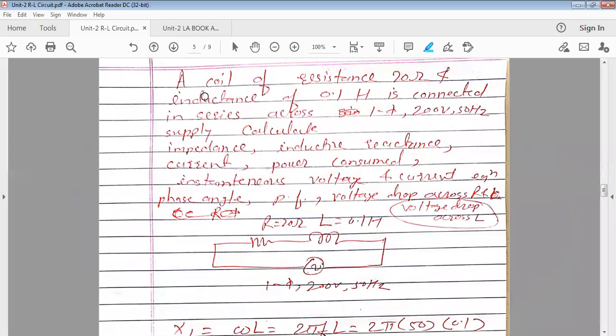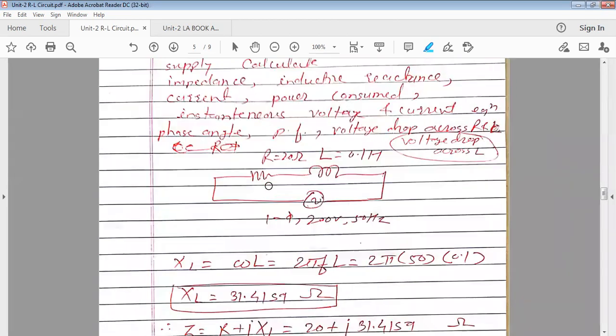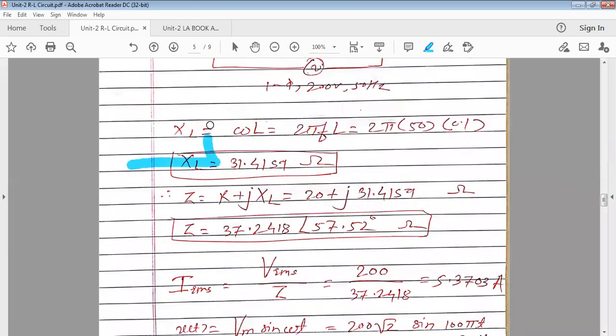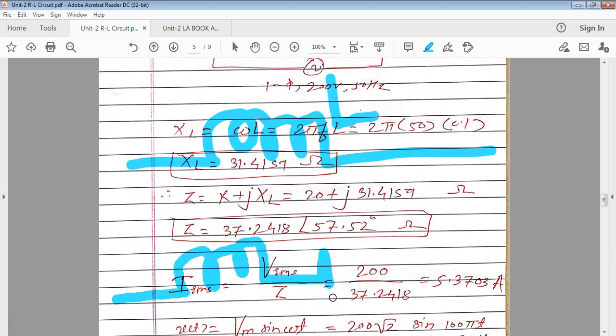A coil. I told you, for purely inductive also, coil means two things are there. Sometimes if it is said it's a coil only with self inductance, it means purely inductive coil. Or practically every coil has some resistance, some internal resistance, meaning capital L in series with R, small r.